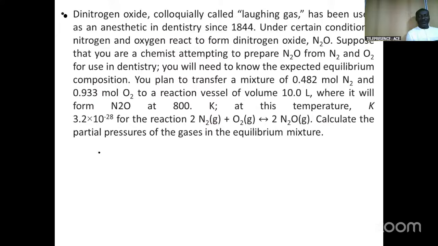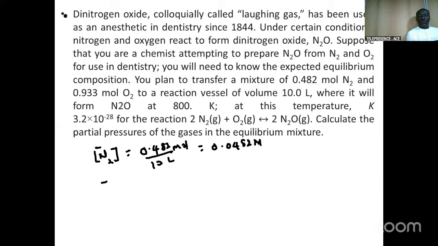So the concentration of N2 is equal to 0.482 mole over 10 liter, and of course, that becomes 0.0482 molar.